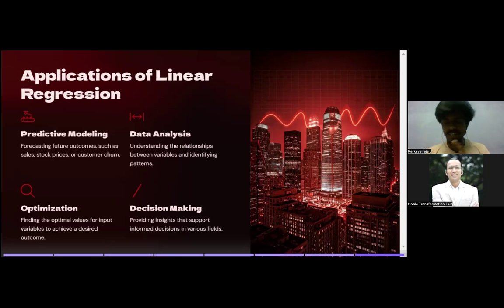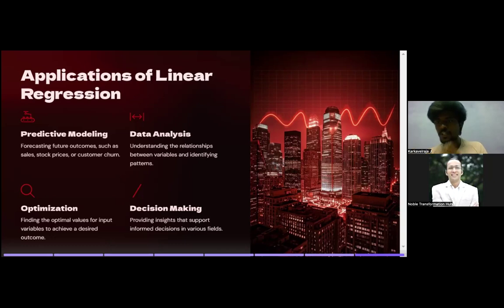Finally, we have one more application, decision making: providing insights that support informed decisions in various fields. I would say decision making applies to any field you take. It is not just limited to data science. In the first session itself, we defined that data science is not a separate domain.